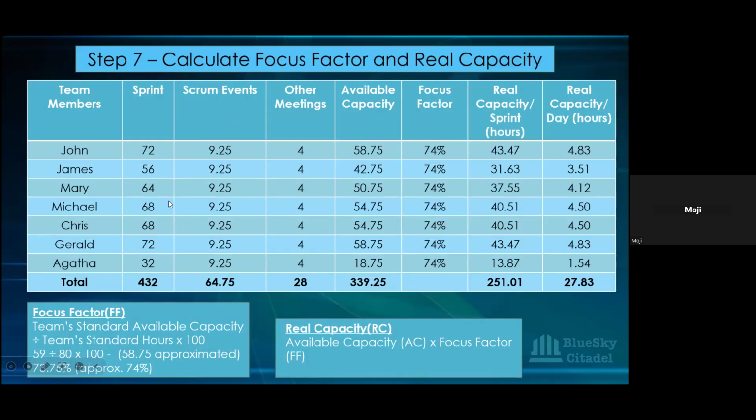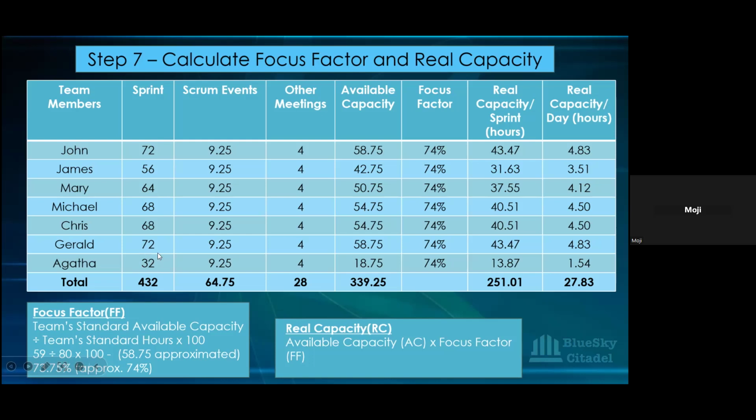So we're coming here. What we're looking at, we want to calculate the focus factor. We talked about one of the factors you need to consider is your focus factor. Okay. So just so we have an understanding, I've brought back the sprint hours that they have. From this one, all the numbers you have here is where we've removed the team holiday, the individual full day off, and partial day off.